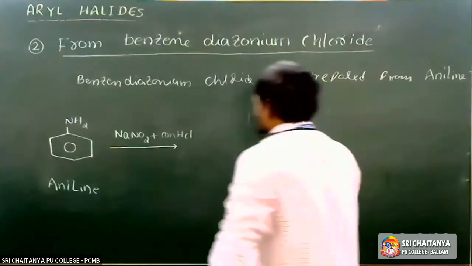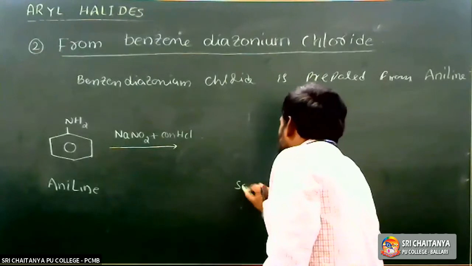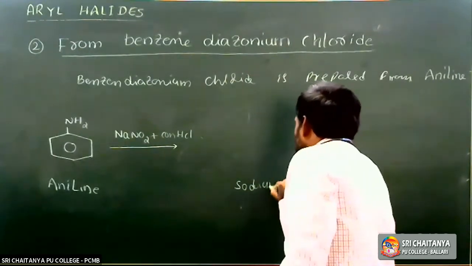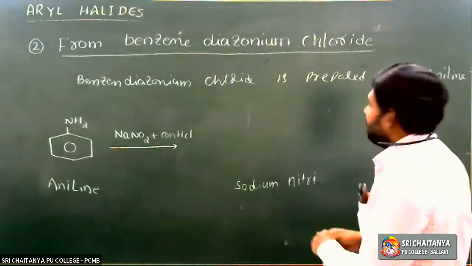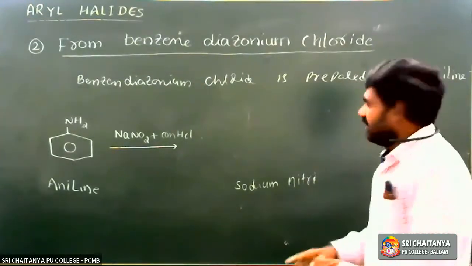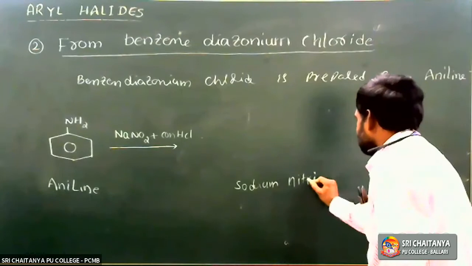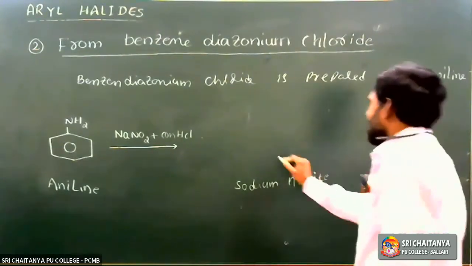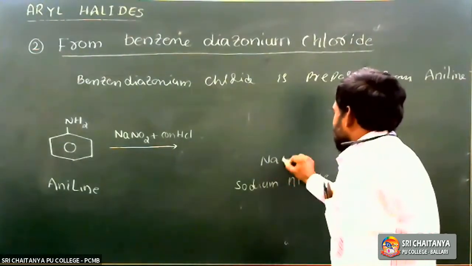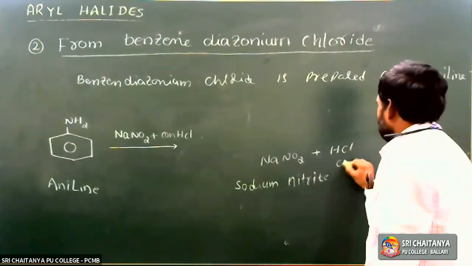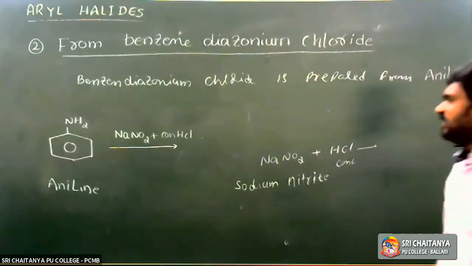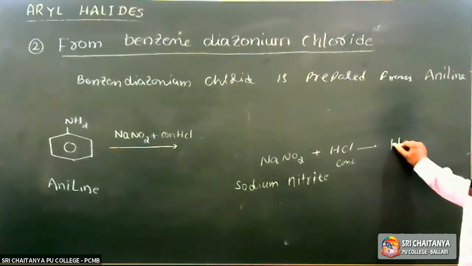It is sodium nitrite, not nitrate. Nitrate is NO3. So this sodium nitrite treated with concentrated HCl forms nitrous acid.